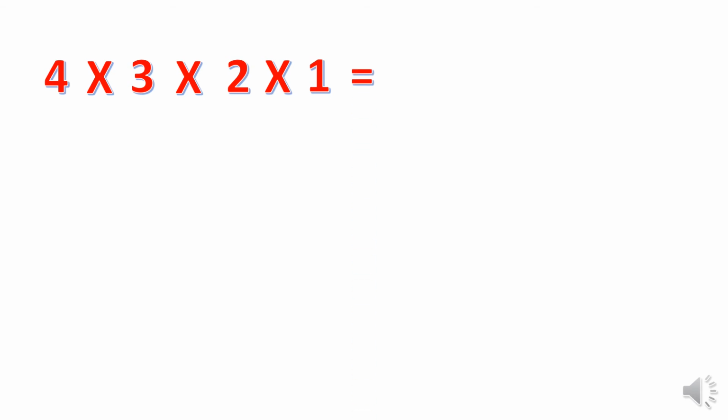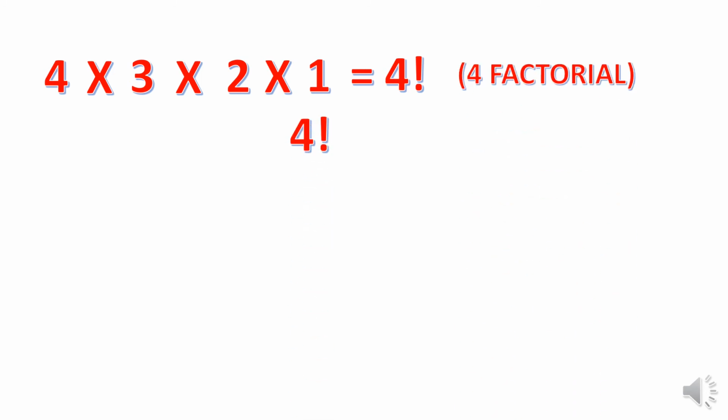This is what we call 4 factorial, denoted by 4 and then an exclamation point. That reads as 4 factorial. So 4 factorial is equal to 24.